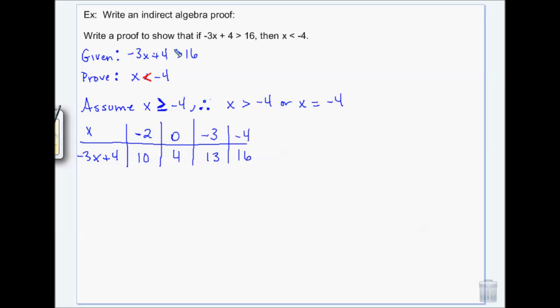I don't want exactly 16. I want greater than 16. What about negative 5 then? It'll be 19. But negative 5 is not greater than negative 4. I'm using my assumption, because I'm trying to prove that x is less than negative 4. So therefore our assumption is false.